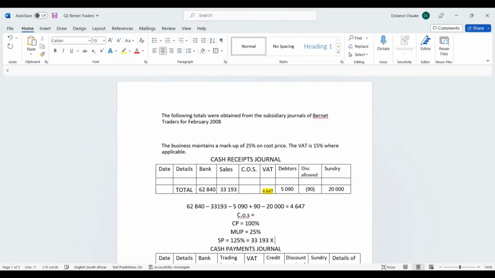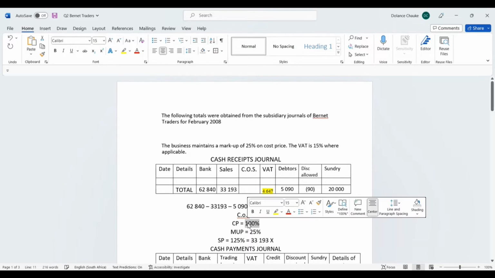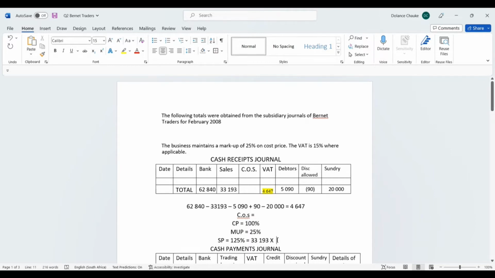We're going to multiply by the percentage for the amount we're looking for. We're looking for the cost of sales, so the percentage of the cost of sales is 100%, right? So we multiply by 100%, divide by the percentage of sales, which is 125. Therefore, you'll get your cost of sales.